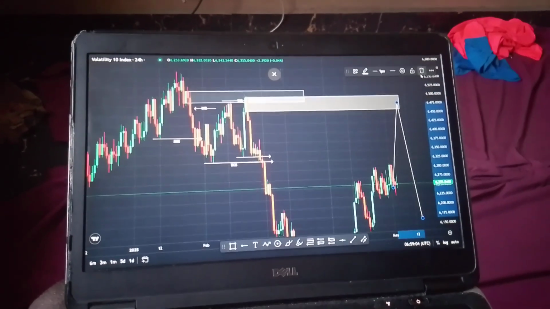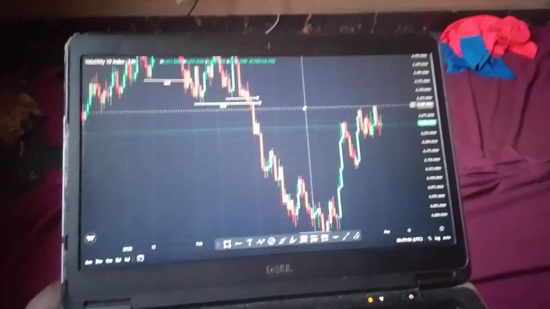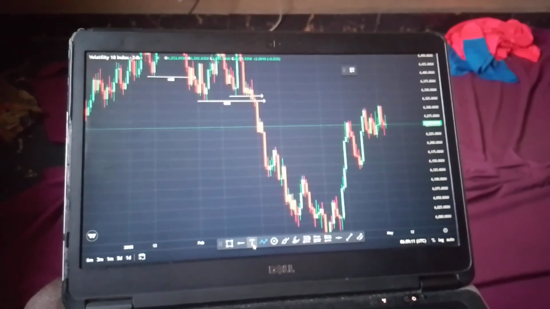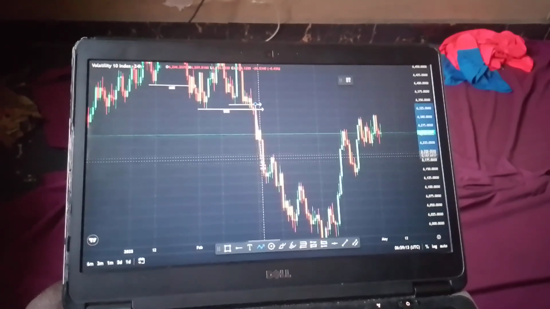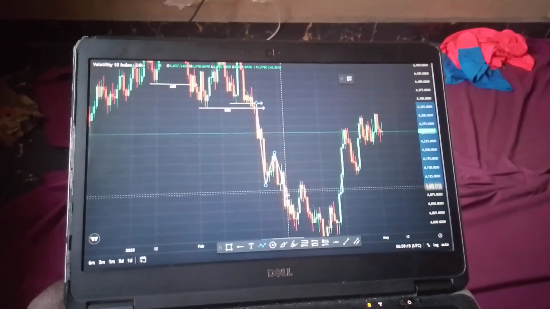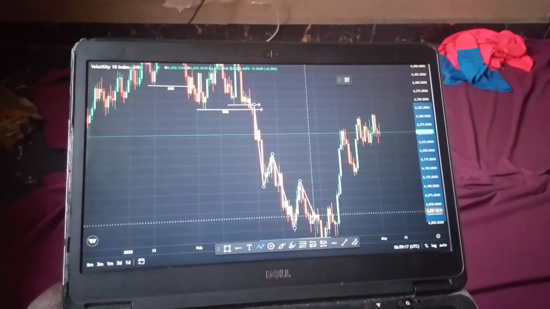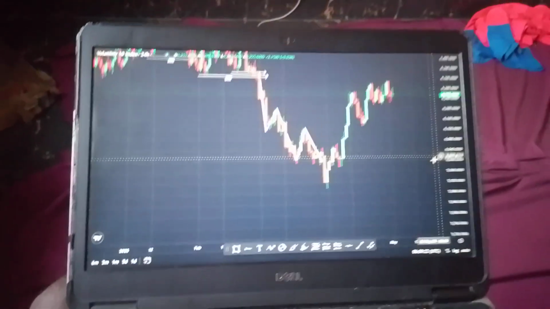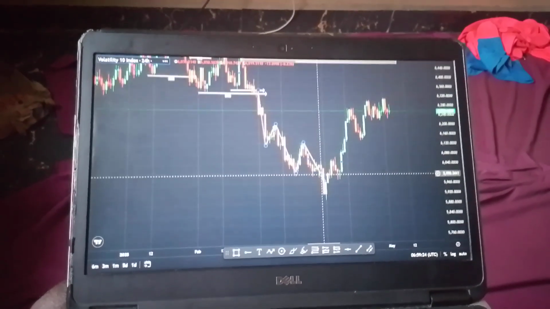So now you can see since then price has been breaking the structures, forming lower highs and lower lows. And all of a sudden, let me pull this up now, we saw a change.